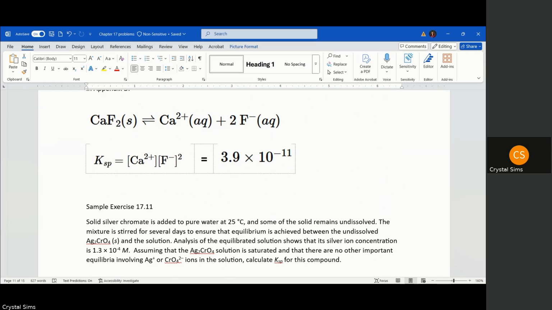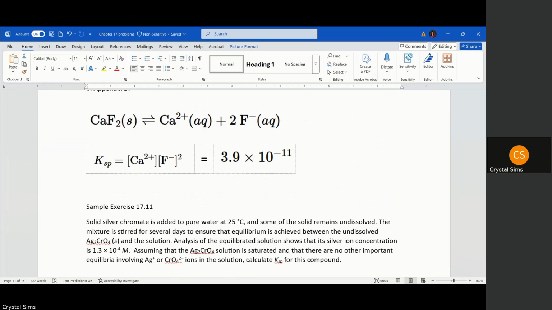So the solubility of a substance, as we know, changes. It can depend on the pH, like we looked at in the last chapter. It is affected by concentrations of the other ions in solution, like we kind of saw earlier with the common ion effect.